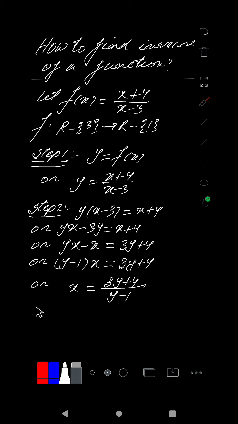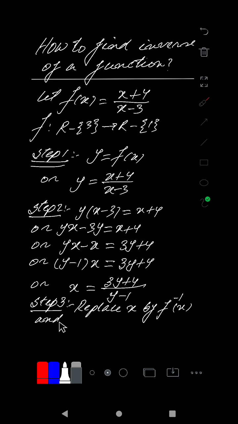So we have changed the y is a function of x form into x is equal to a function of y. So now step 3. In step 3, replace x by f inverse x and y by x.